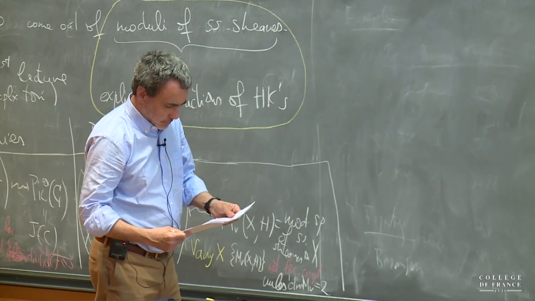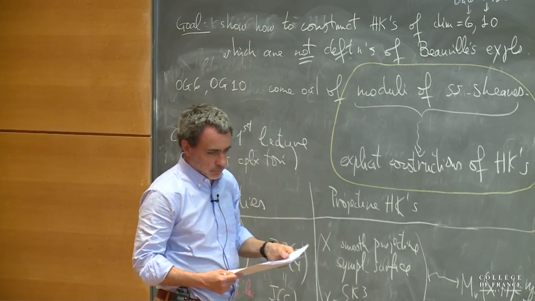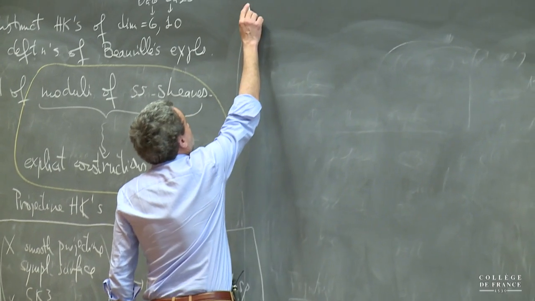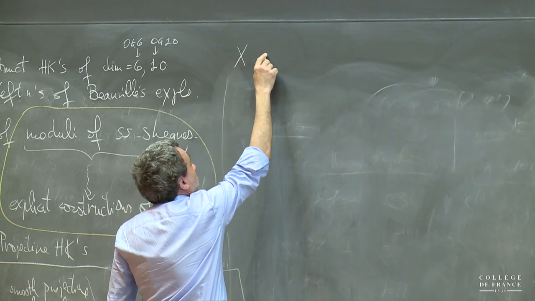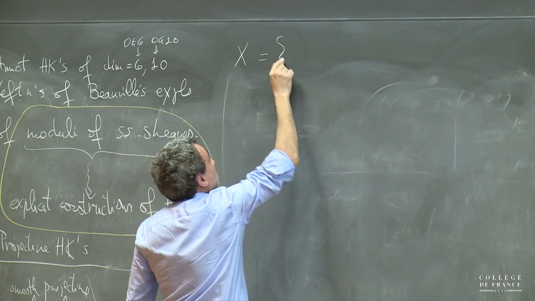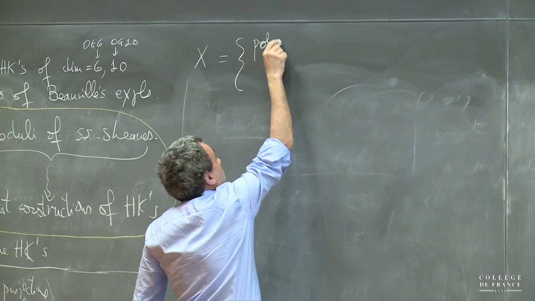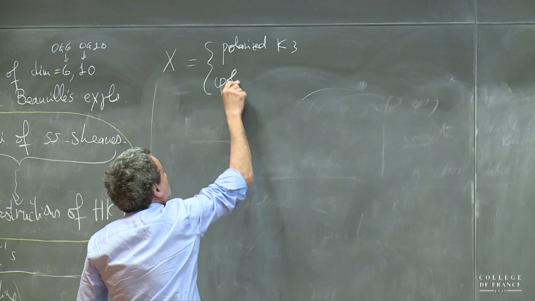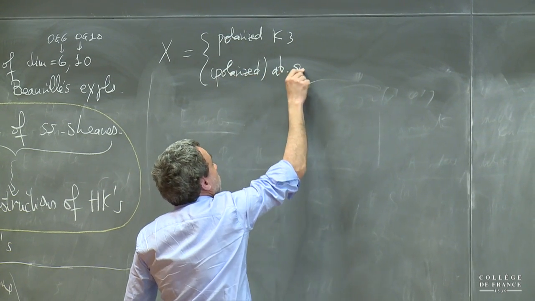Okay, so I want to explain something about what is known about these moduli. So X is always either a projective, polarized K3, or, I don't know if abelian variety means it's polarized, but anyway, an abelian surface.